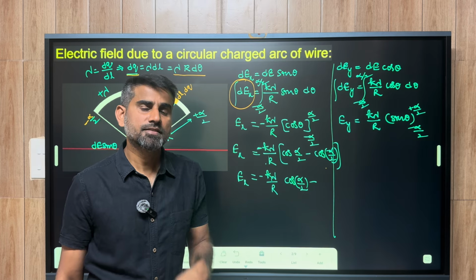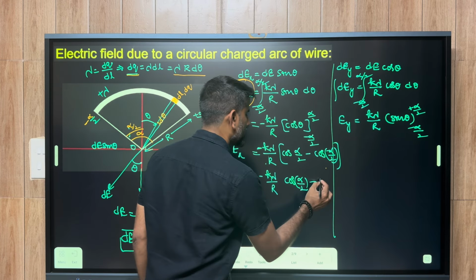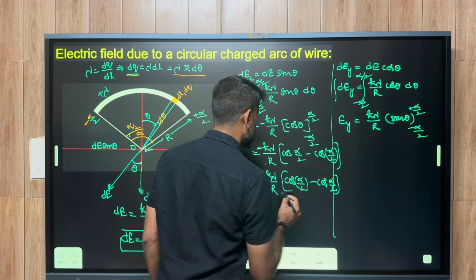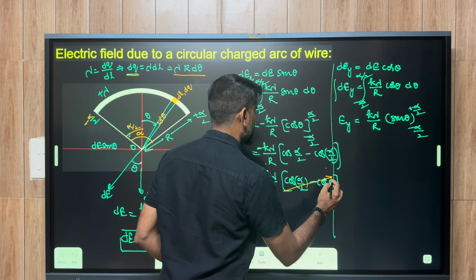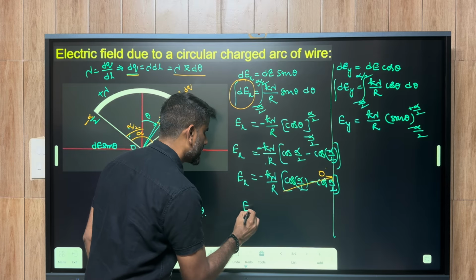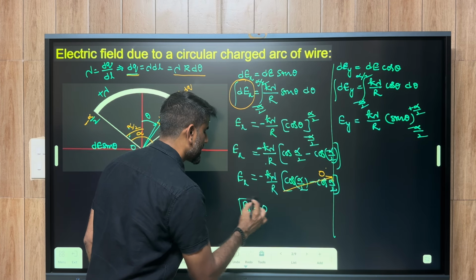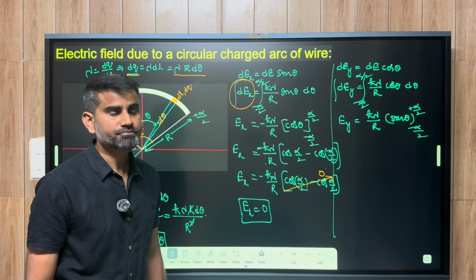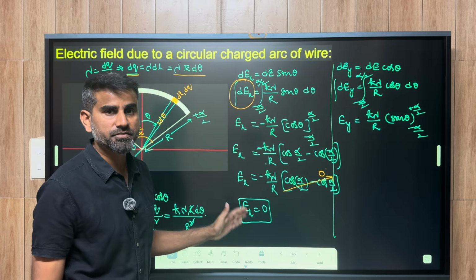So again I'm writing cos alpha by 2, and this will result in 0. So the final answer is that the electric field along the x direction is again 0. Hope I made the point clear here.